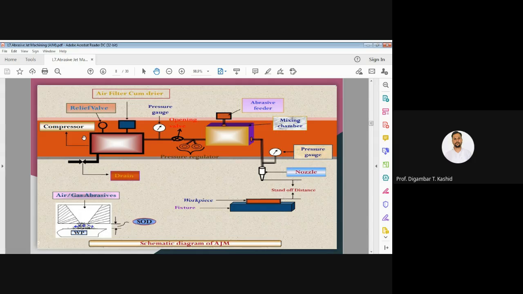We need to fill the compressed air, so for that purpose the compressor is used. As I mentioned yesterday, if you are using a gas other than air, you can use other gases like inert gas, but those gases should be non-toxic in nature, so we need to take that care. Also that gas should be cheap and easily available.